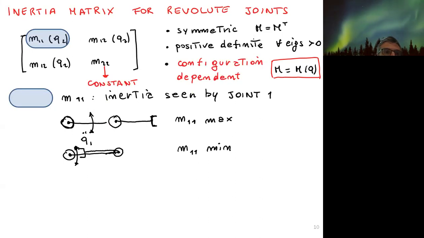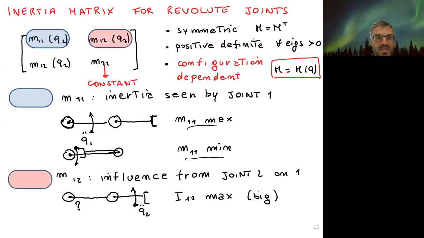If you analyze the inertia M11, we see that it has a maximum whenever the arm is completely extended, because we said that the inertia is qualitatively a measure of the distribution of the masses around the axis, and it is bigger if you are far from the axis. So if you extend the arm completely, the center of mass is farther away from the axis of joint 1, so you have bigger inertia, while if it's completely folded, you will have the minimum inertia.